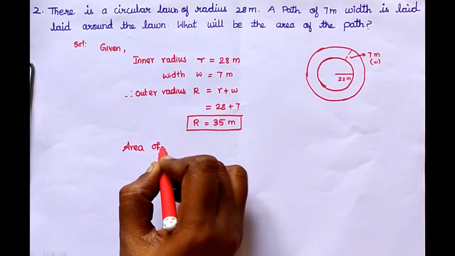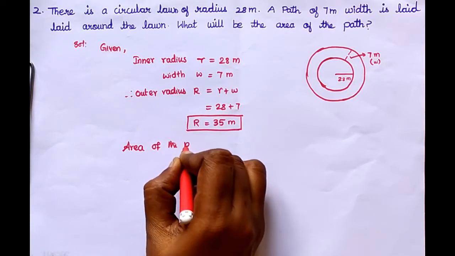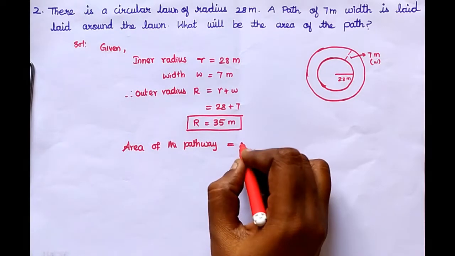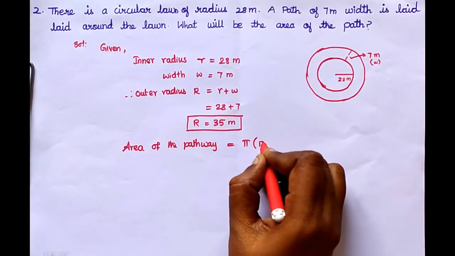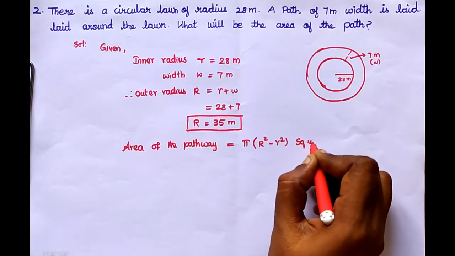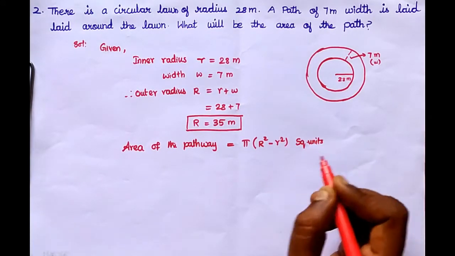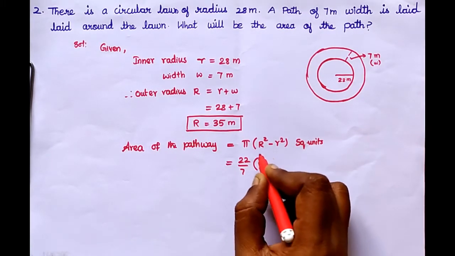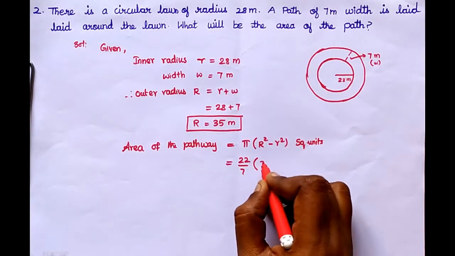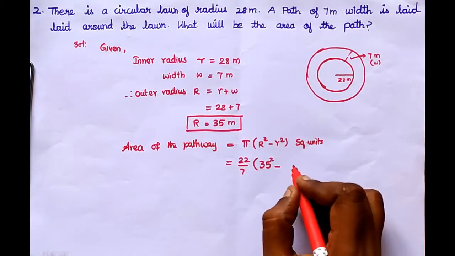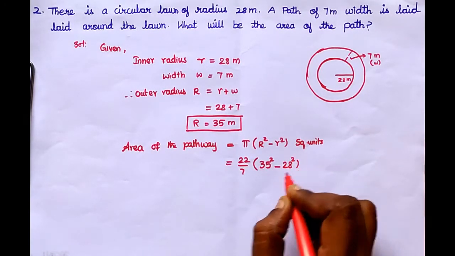Now we have to find the area of the path. Area of the pathway equals, what's the formula? Pi into capital R squared minus small r squared, square unit. That is 22 by 7 into capital R squared, 35 squared, minus small r squared, that is 28 squared.